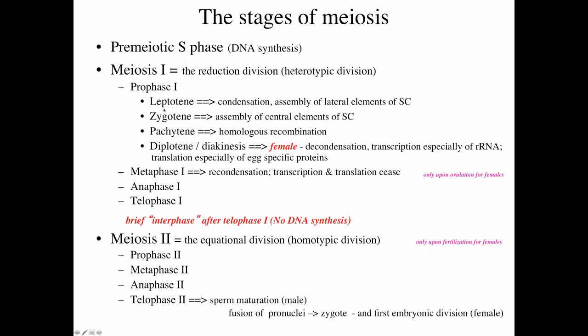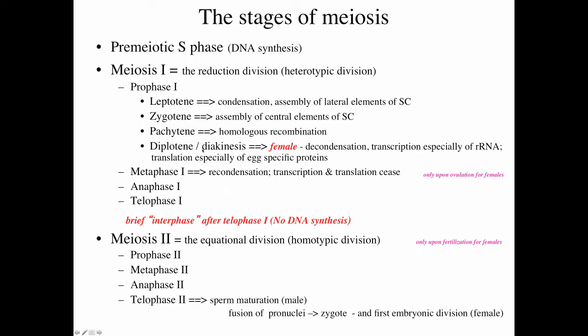But there's a leptotene stage where there's a condensation of chromatin and assembly of lateral elements of the synaptonemal complex. The zygotene stage is the assembly of the central elements of the synaptonemal complex. The synaptonemal complex, of course, is the structural basis to allow homologous recombination to occur. That recombination occurs in pachytene.